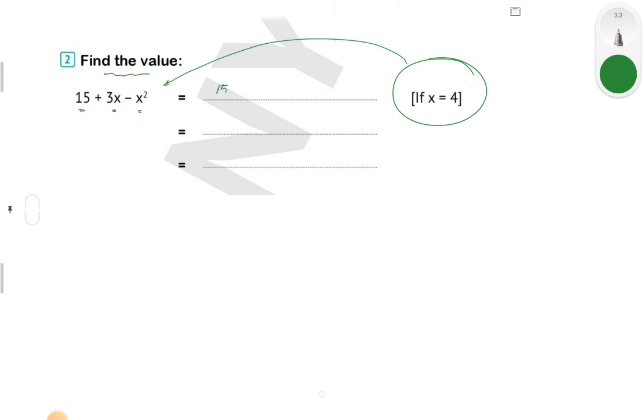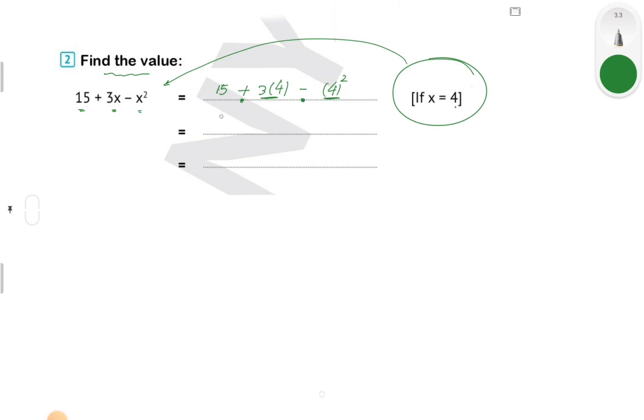First I have 15 plus 3x, that means 3 times x, equal 4, minus x to power 2, that means 4 to power 2. Now I have power or exponent, multiply, plus and minus. Start with the exponent, then multiply, then plus, and last operation will be subtract.